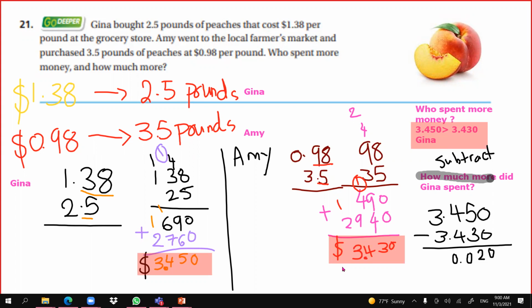So how much? 20 what? You can say $0.02 or you can say 2 cents. Yes, that's it. Is it clear?